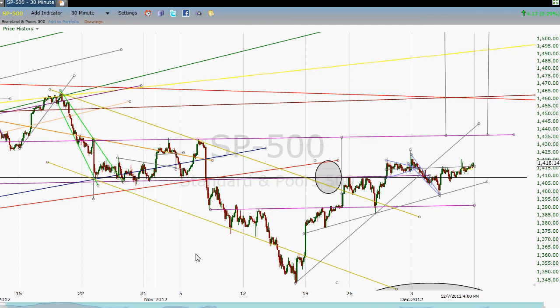Now, if this had broken underneath an ascending support line as we've done here, then I would expect that support to have turned into resistance. But it's different when you have a bottom side break of a descending bearish line.